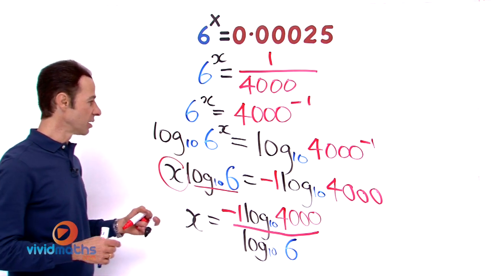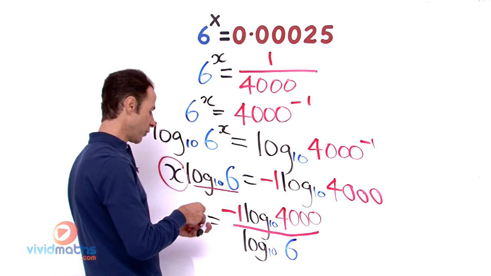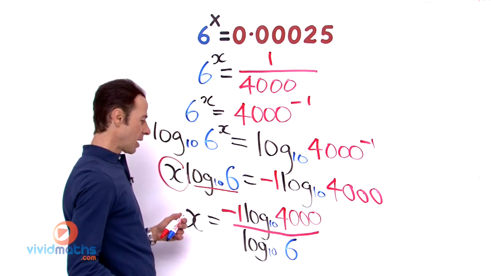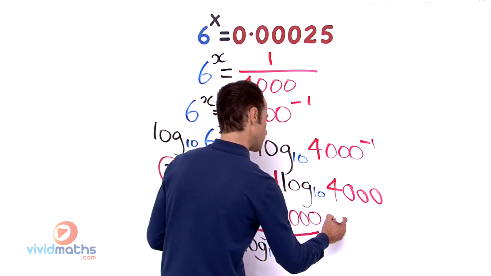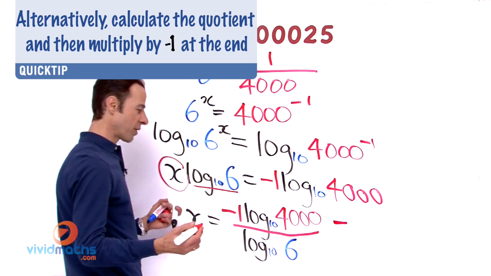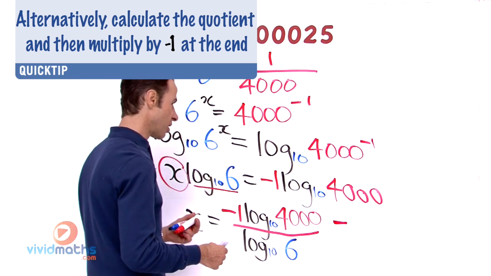Once that's plunked in, we're going to get some pretty big decimals. I might write some of them in for you. So on the top, we're going to have negative whatever the answer is. So you go log 4000, and that's going to yield an answer of.